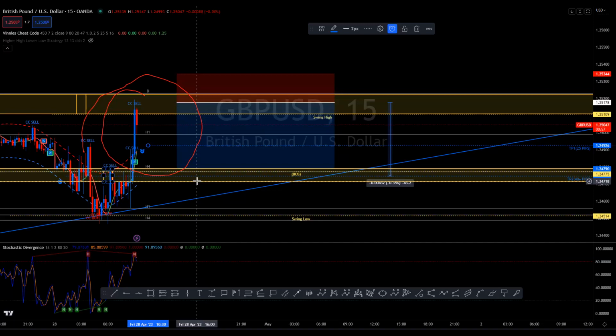About a minute left before the next candle closes, so we'll see. I'm watching this price action. Let's get it. So we've got about 20 seconds, a little bit over 20 seconds.